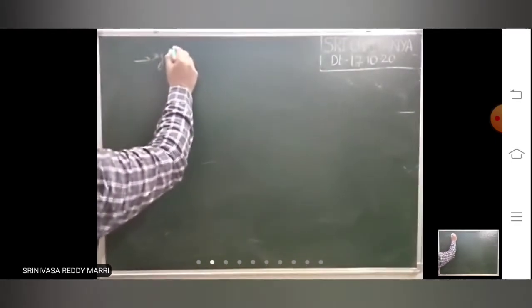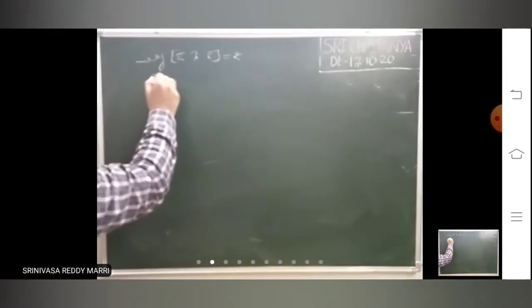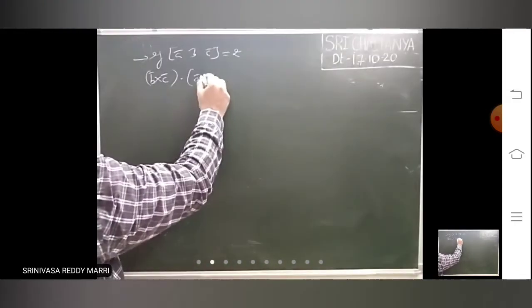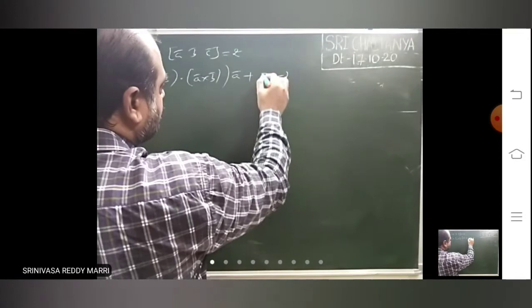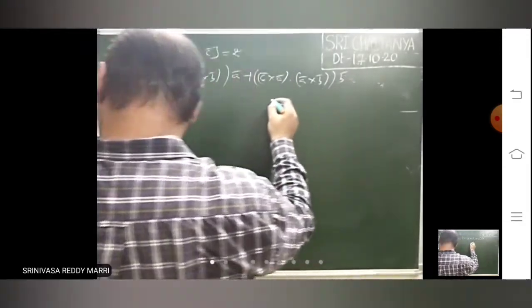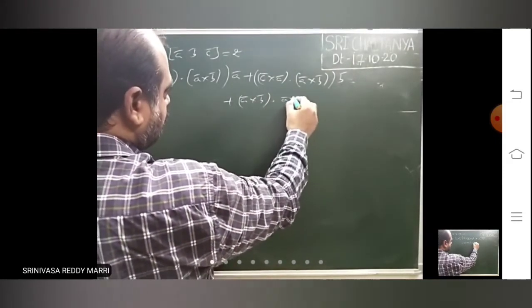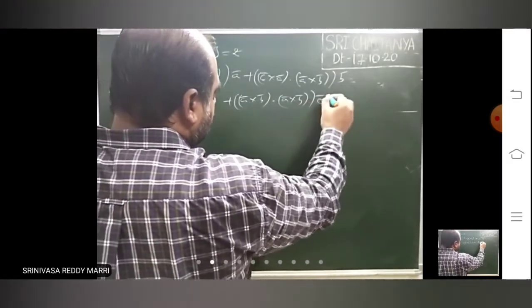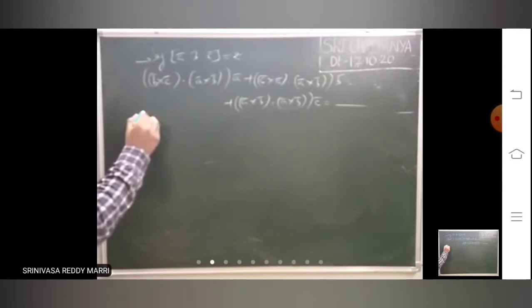Suppose take another problem of this type. If box of A bar, B bar, C bar equals something, suppose it is asked like this. Now you can observe this.